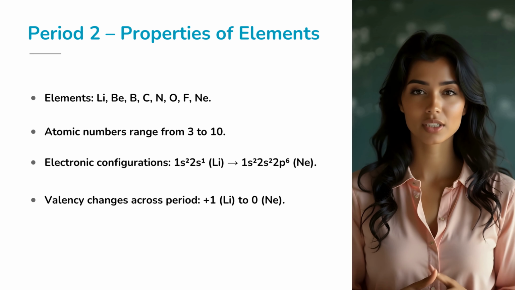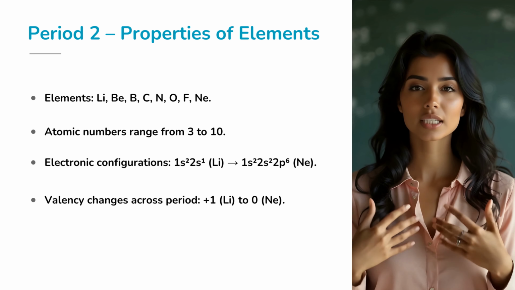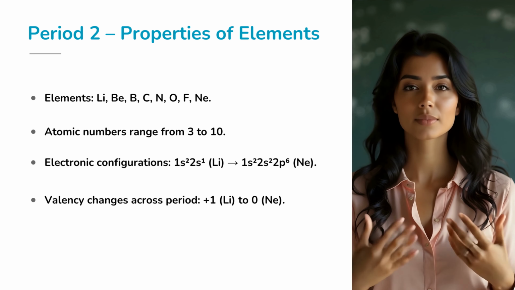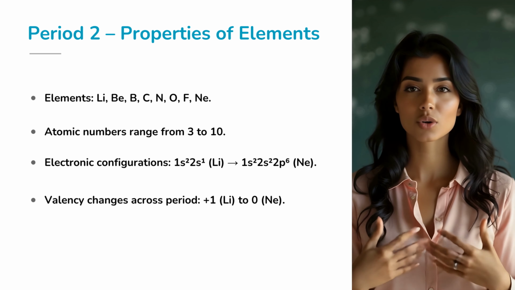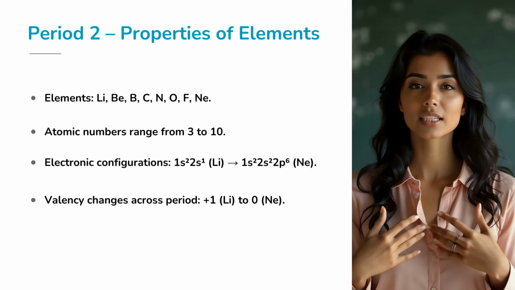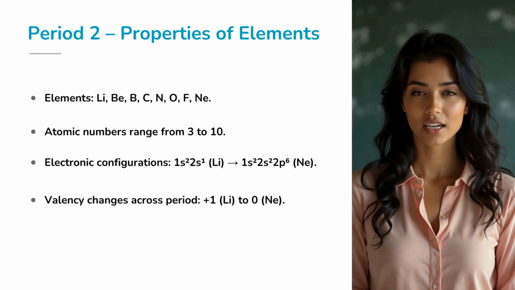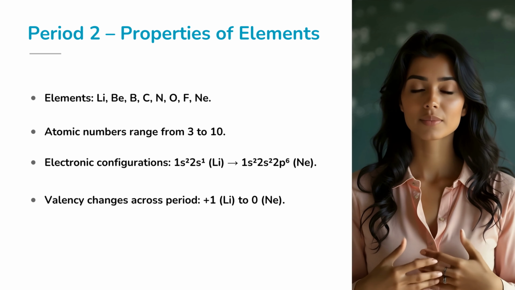Let's zoom into period 2. It starts with lithium, atomic number 3, whose configuration is 1s2, 2s1. Then comes beryllium, 2s2, and it continues until neon, which ends with a full 2p6 configuration. As you move from left to right, the atomic numbers go from 3 to 10, and the properties shift.